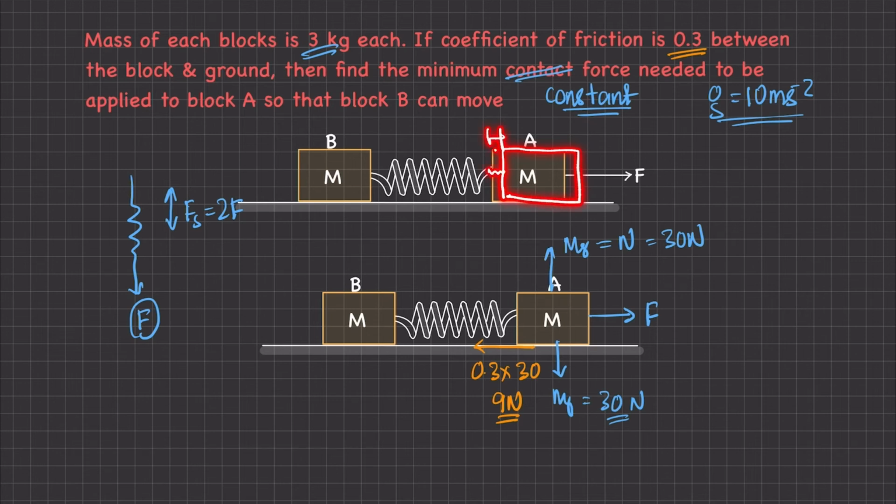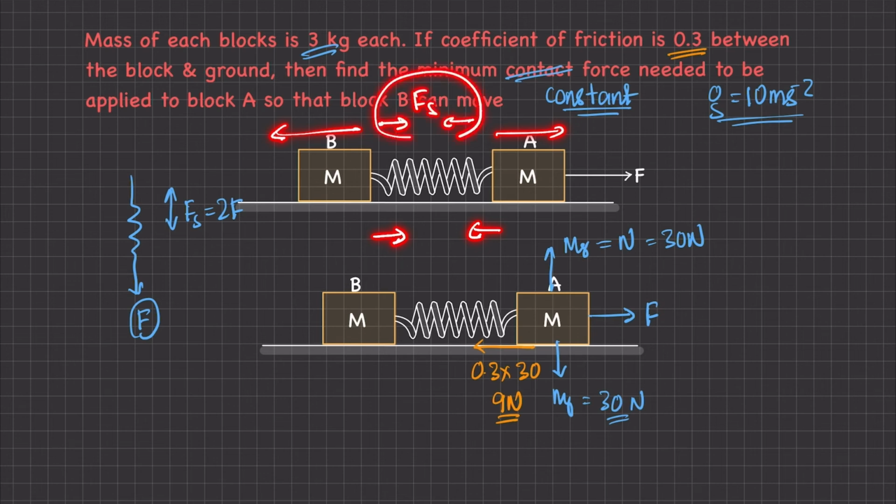Now this extension will try to pull this block towards left and pull the block B towards right. Because the displacement will be like this, the spring force will be inward. Spring force will be something like this. So the spring force developed will be like this. Now this spring force will move this one, right?